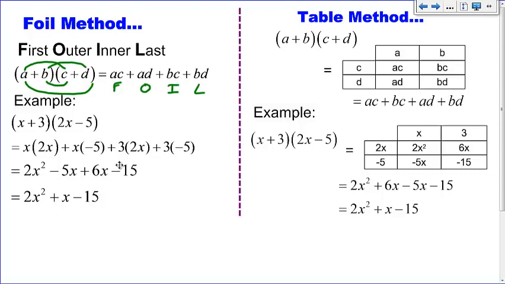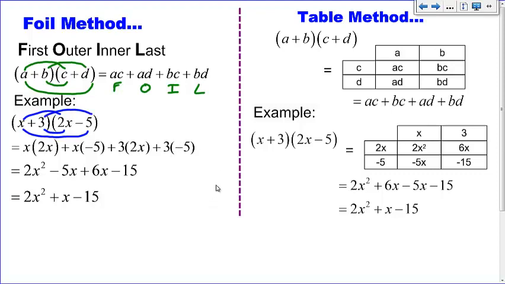Taking that same example that we saw before, x plus 3 times 2x minus 5, that would mean we take first x times 2x, then x times negative 5, and you can see that written down here. Next we would do inner terms, 3 times 2x, and then the last terms, 3 times negative 5.